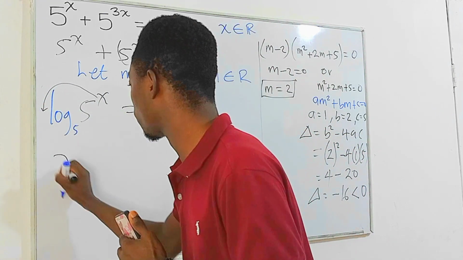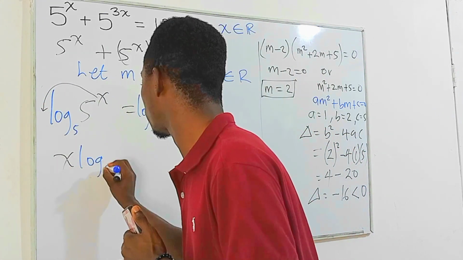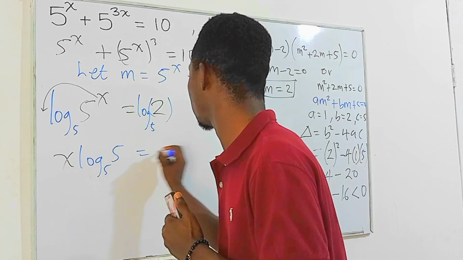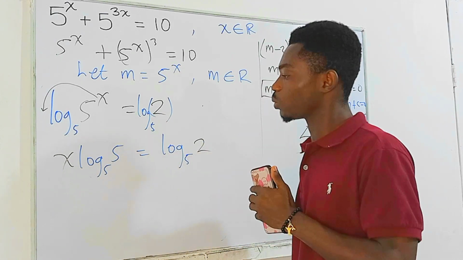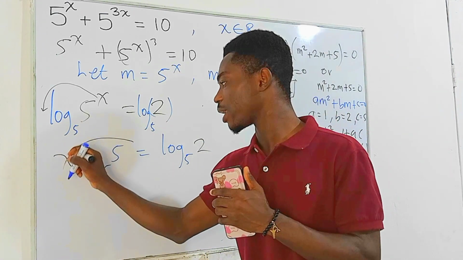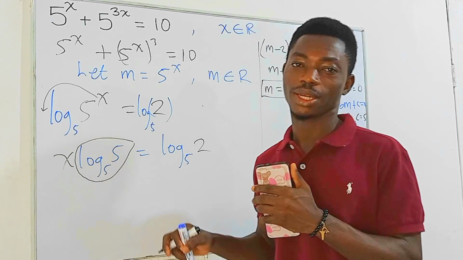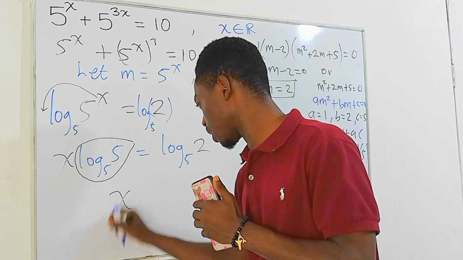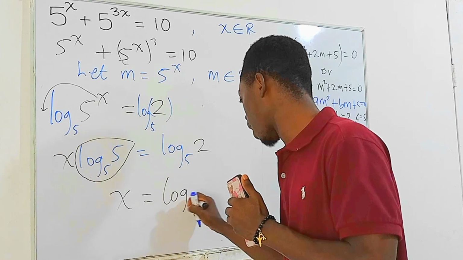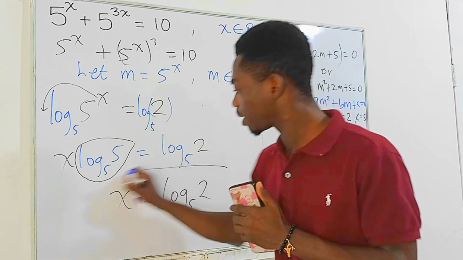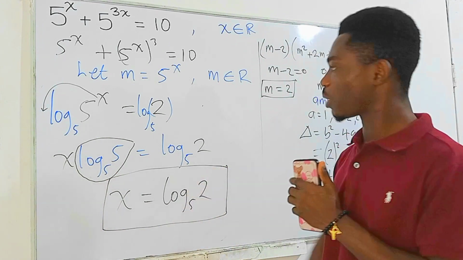Then we are going to have x log base 5 of 5, and this is equal to log base 5 of 2. Now we see that everything right here is just 1. So on the left hand side, you'll be left with just x, and this is equal to log base 5 of 2. And this is the final answer to the problem.